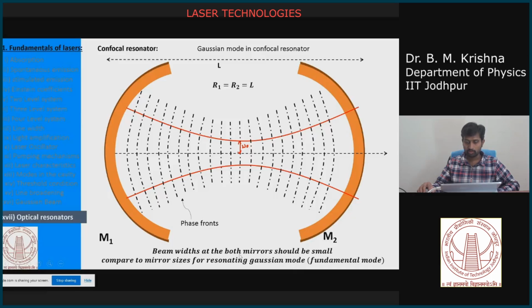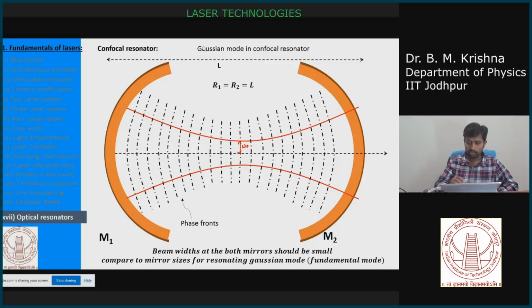If the beam width is larger, the light will escape from these mirrors, so you leak light. That is one thing. The second thing is that we are considering the fundamental Gaussian mode.